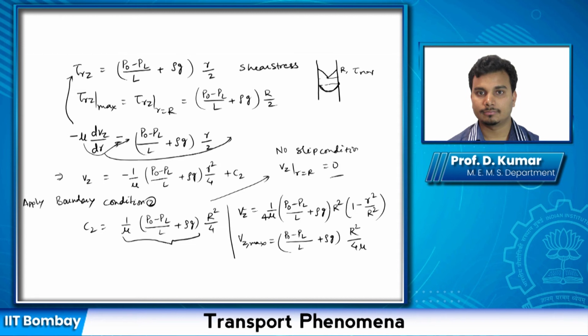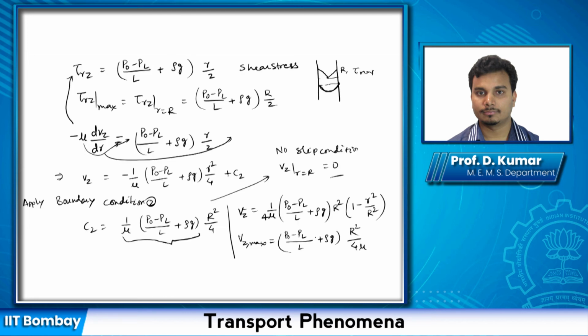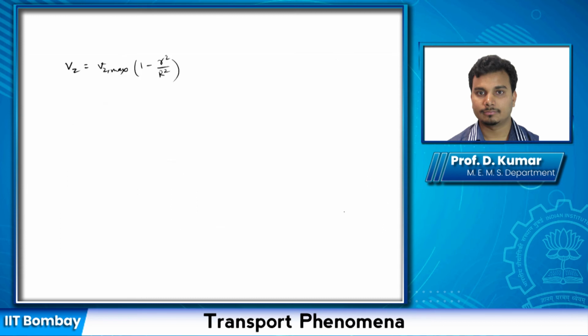And this Vz max is constant for a given geometry and given pressure condition. It does not have any dependence on small r. Now that we know this, what we actually want to know was the volume flow rate.